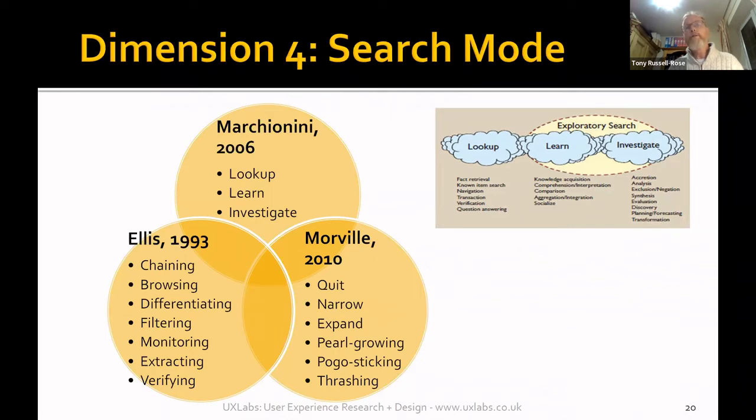This isn't exclusively an academic phenomenon. Peter Morville's excellent work, Search Patterns, from 2010, shows a different set of tasks, a different set of behaviors that he's identified as repeating in information seeking.